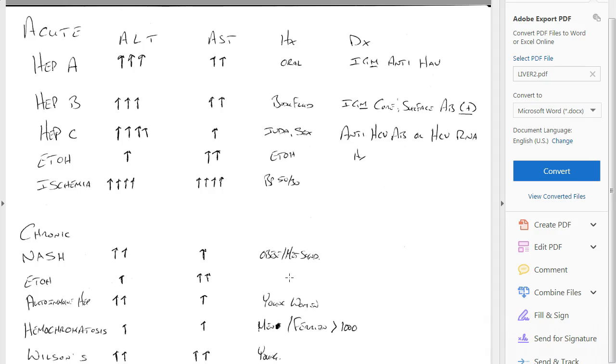Hepatitis panel, autoimmune panel. Reason being is there can be an underlying autoimmune hepatitis, especially if it's a young female. Not exclusive to females, but you typically see it in females.